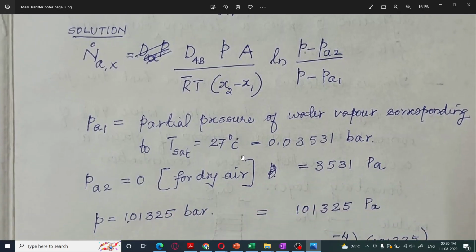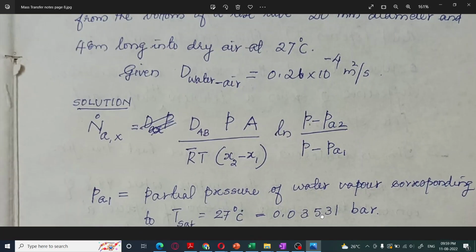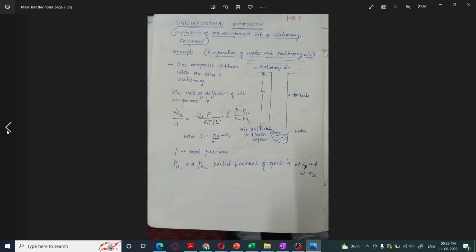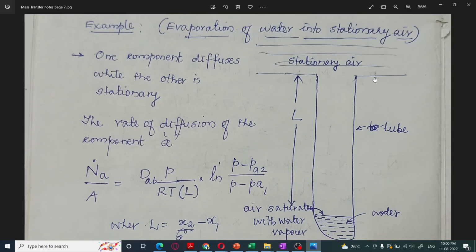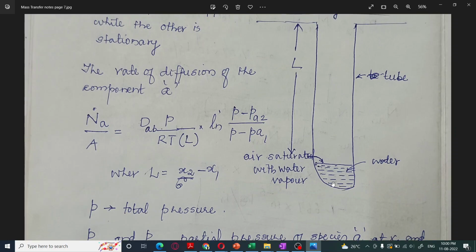Substituting the values, now we need to calculate partial pressure PA2 and PA1. Remember, go back to the figure, we can see that the partial pressure at this point is PA1 and partial pressure at this point is PA2. The diffusion takes place from bottom to top, because here we have water collected. Just immediately above this level of water, the air will be saturated. That assumption we take.